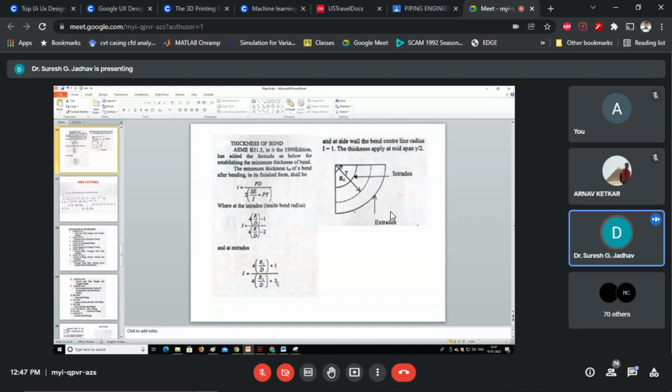For the sidewall, the bend centerline radius, I equals 1. And here we have to consider the thickness at the midspan, denoted by gamma, so we consider gamma at the midspan, that is gamma divided by 2. Based on that, we can find out the thickness of the bend.